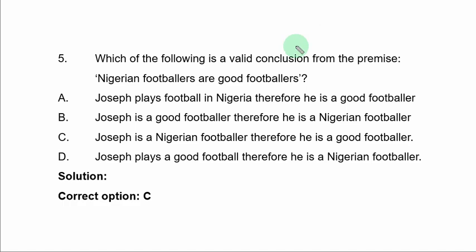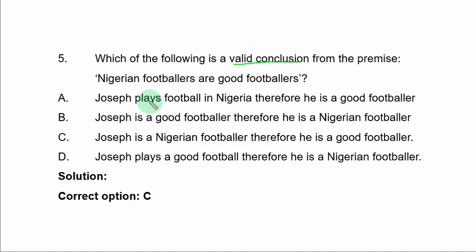Question 5. Which of the following is a valid conclusion from the premise? Nigerian footballers are good footballers. A. Joseph plays football in Nigeria, therefore he is a good footballer. No, this one means Joseph can be from anywhere but playing in Nigeria.